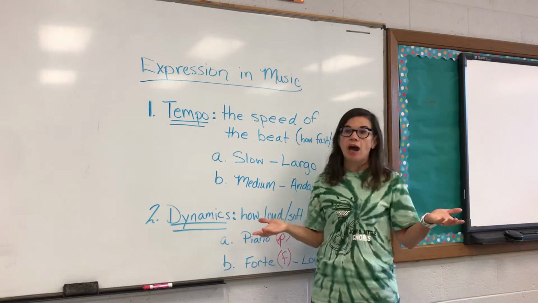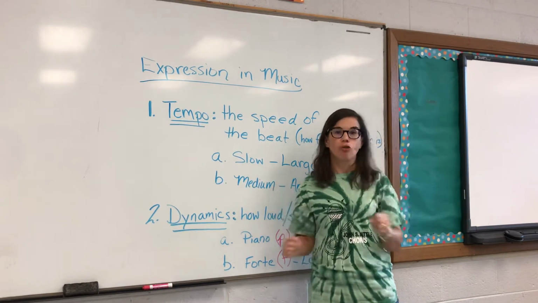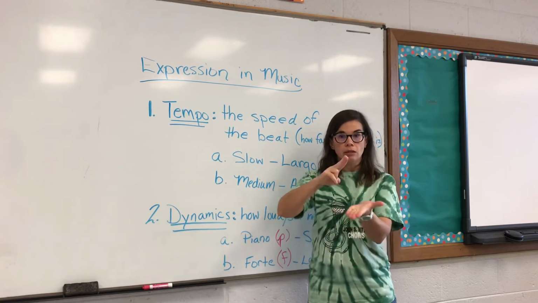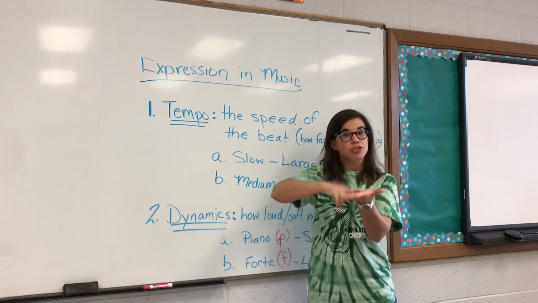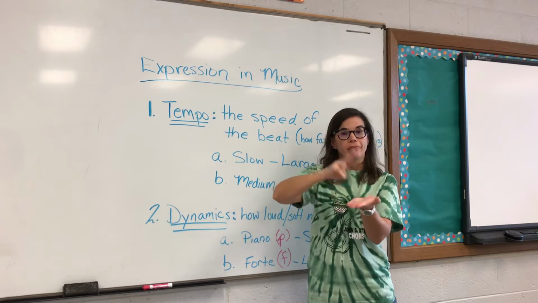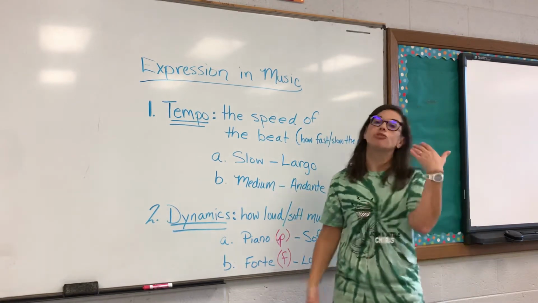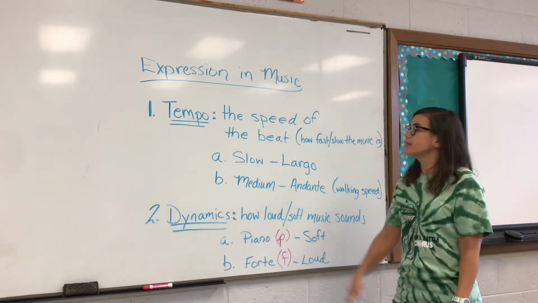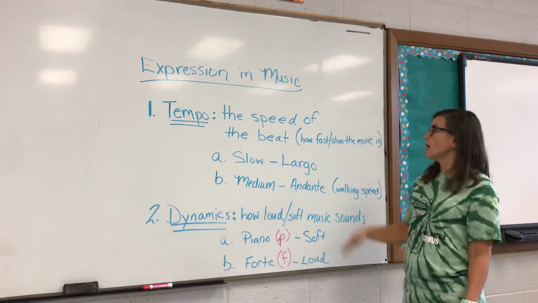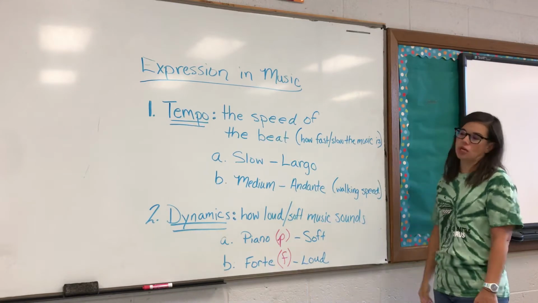If you decide that you're going to go for a run, your heartbeat is going to get faster, right? If you lay down to take a nap, it's going to slow down, right? And the tempo in a song, the speed of the beat, how fast or slow the music is, can change as well.